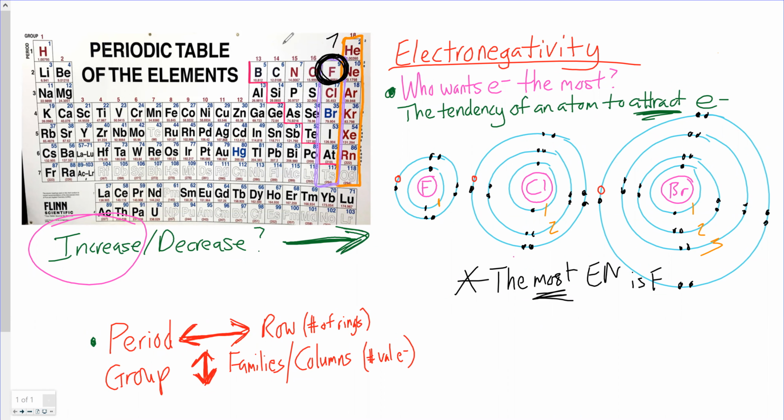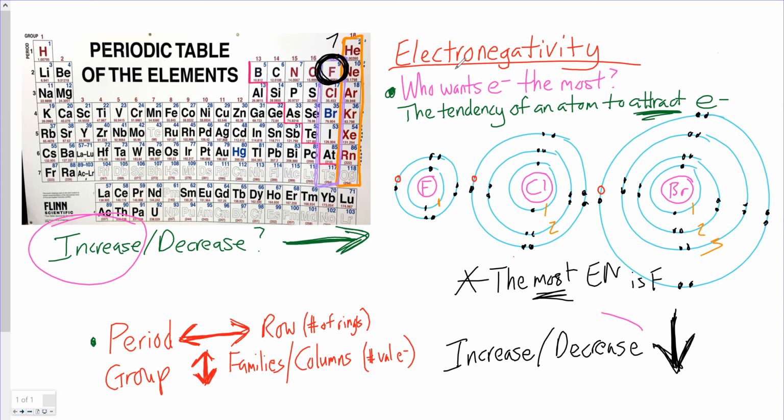So that means if we're looking at groups or families and I ask you, does it increase or decrease? Let's say we were going down. Is electronegativity increasing or decreasing going down? Decreasing going down.